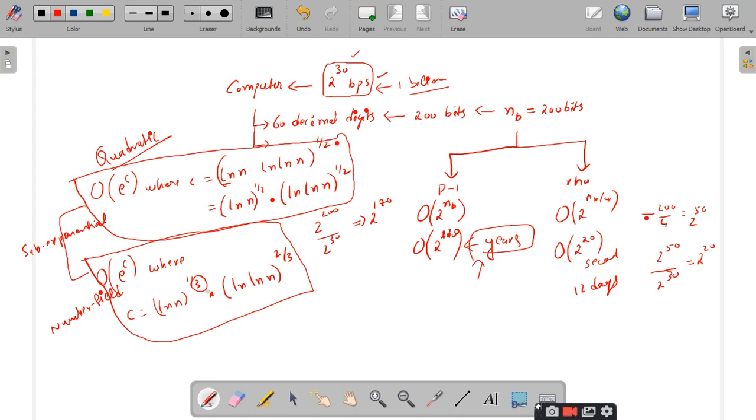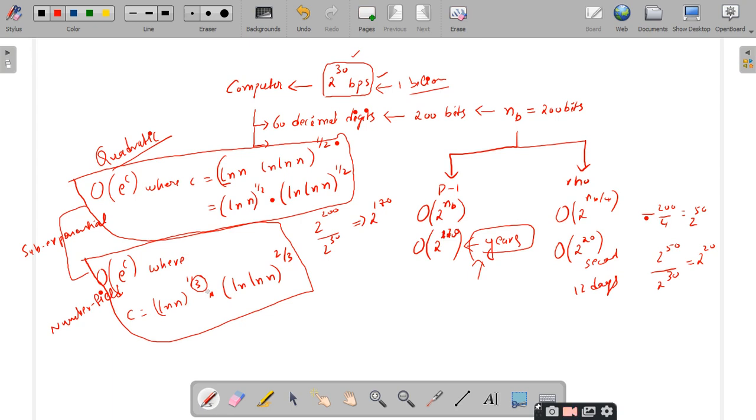It is also sub-exponential only, right? But he was not satisfied with this p-1 method. Therefore, he invented another method called the rho method. It is also sub-exponential only, but when comparing the rho method and the p-1 method, p-1 has a bit complexity of big O of 2 power nb, whereas the rho method has a complexity of big O of 2 power nb by 4.